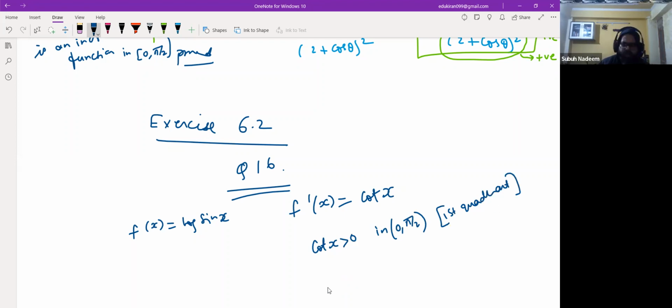And it is decreasing in pi by 2 comma pi. So cot x is less than 0 in pi by 2 comma pi. Do we know this also? In second quadrant, cot is negative.